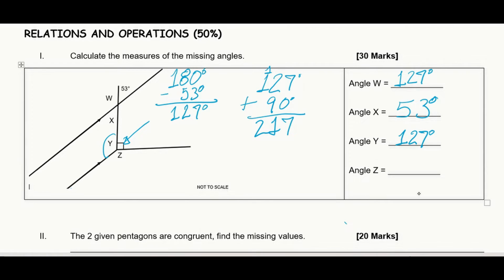Nope. We can tell this is a circle. Angle Y, angle Z, and the angle which is 90 degrees form 360 degrees.